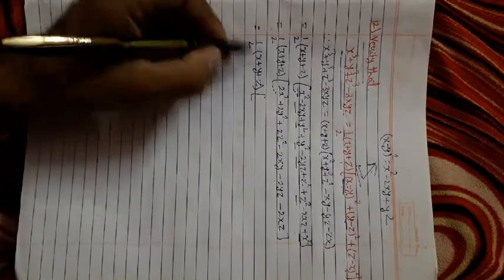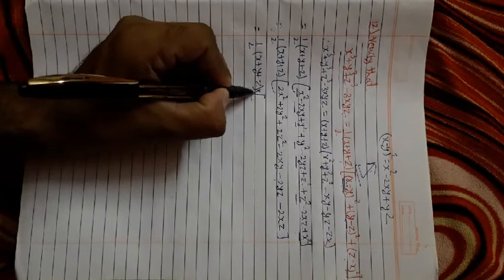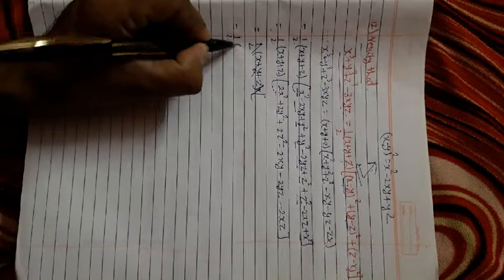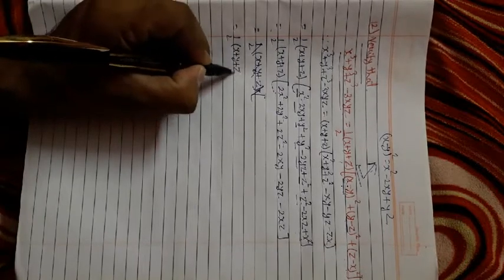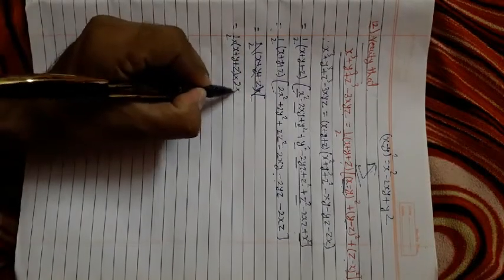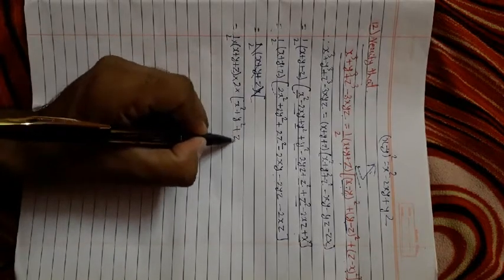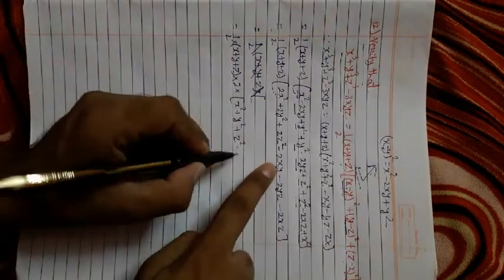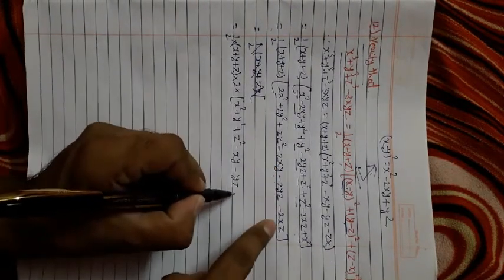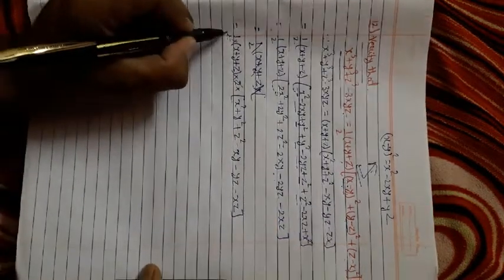So again I'm writing 1 by 2 (x plus y plus z) into 2 times (x square plus y square plus z square minus xy minus yz minus xy). Here 2 and 2 can be cut.